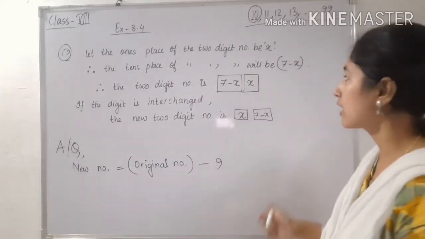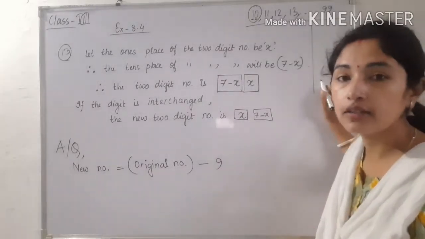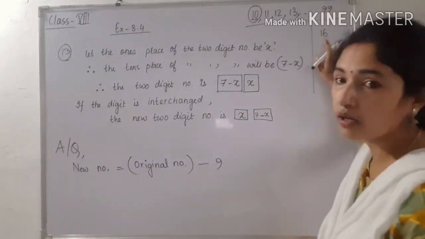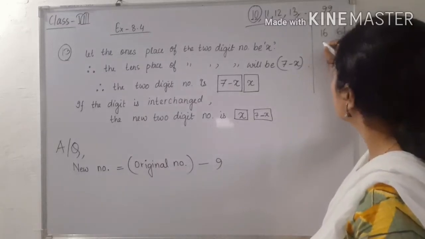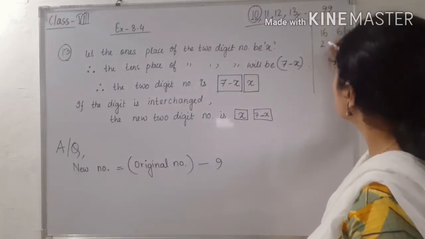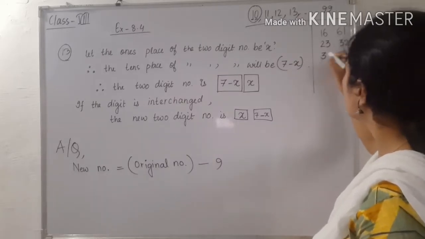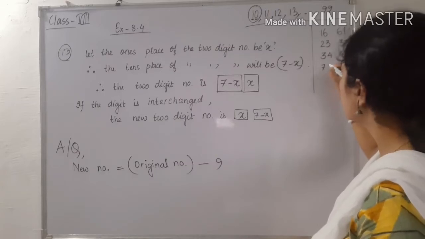There are many such numbers: 16, if you add 1 and 6 you will get 7. Then 61, then 25, 52, 34, 43, and 70.